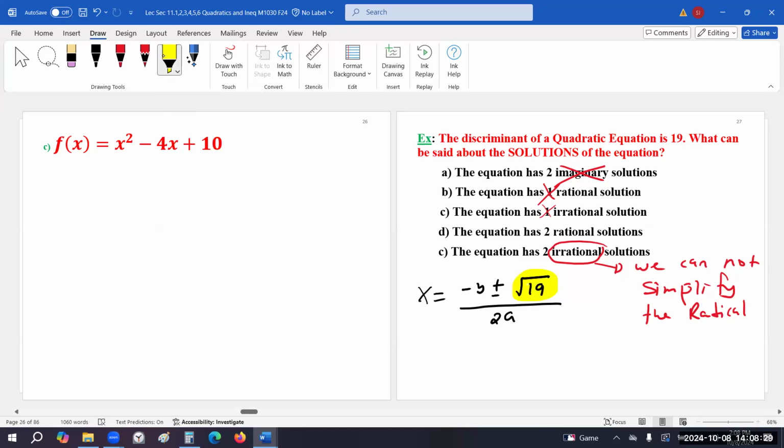No. So what is our choice from here? What's the correct choice? Two irrational solutions, because of this. Anytime we cannot simplify a radical, we call it irrational. So based on what the discriminant is, we get either rational solutions or irrational solutions. Irrational means something with a square root.